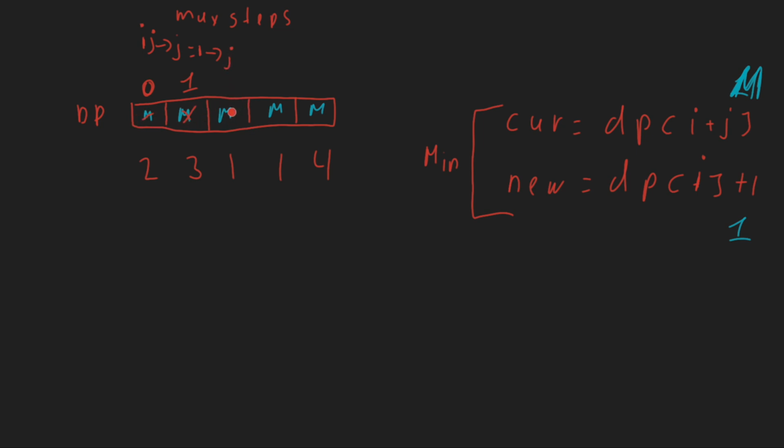i plus 2 gives us index 2. dp[2] is equal to maximum, the same as before, and dp[i] is still 0 because we are coming from here. 0 plus 1 is 1, so we update this value to 1 as well.